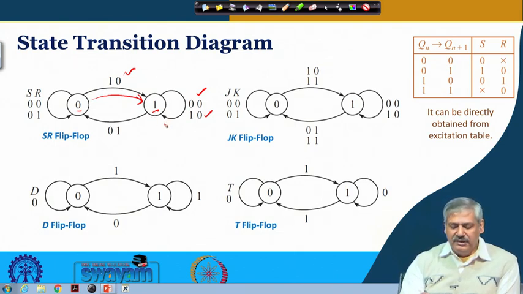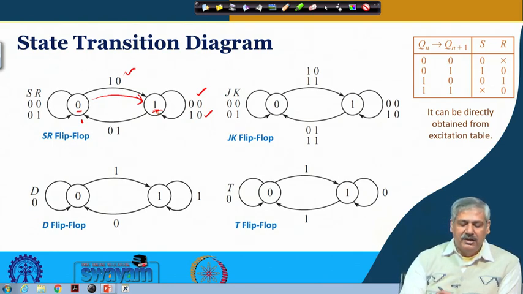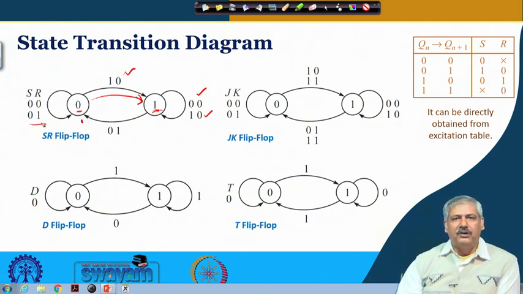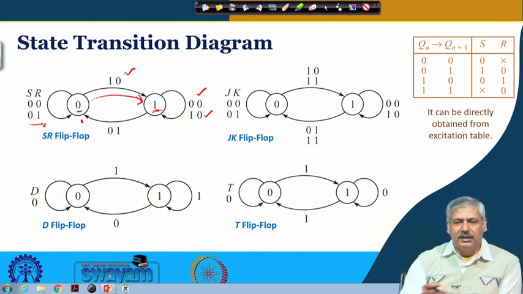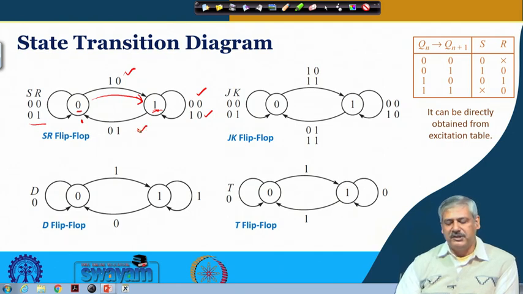And if it receives 0 1, then it goes back to state 0. Is it okay? So, for each of the stable states of this bistable circuit, we can figure out for the allowable inputs what would be the next state, and we can depict it pictorially through a state transition diagram as you have seen here.